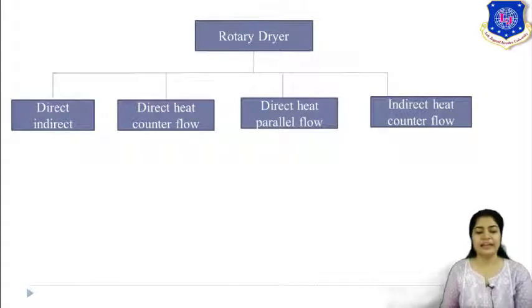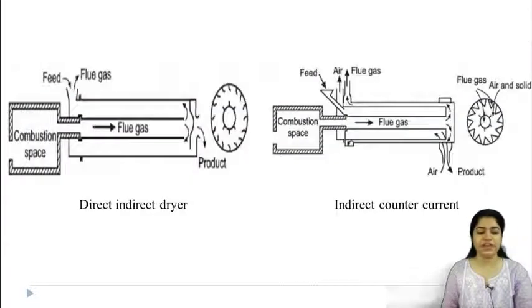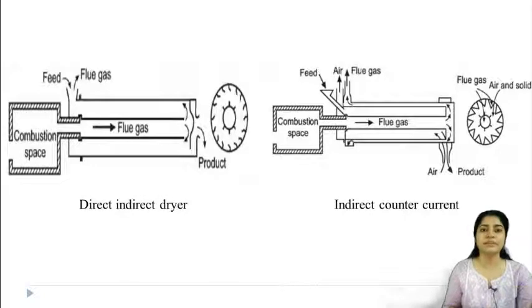Now direct and indirect, we can see here. First of all is your direct indirect dryer. You can see that in the combustion space you are passing your gases. So flue gases, in the middle section you can see that flue gases are passing out. You are sending your feed from the top. So these flue gases from the center line will move towards the annular region, from where your feed is coming.